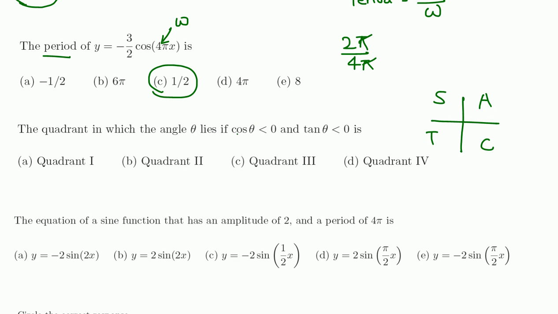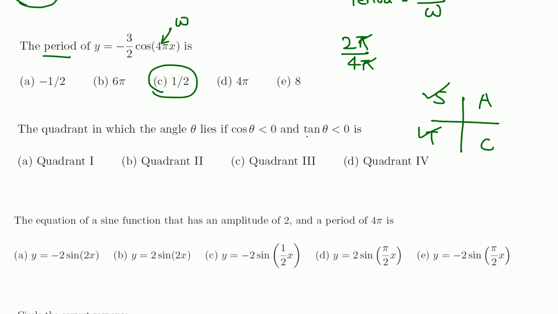We want the quadrant where cosine theta is negative, so either this quadrant or this quadrant.